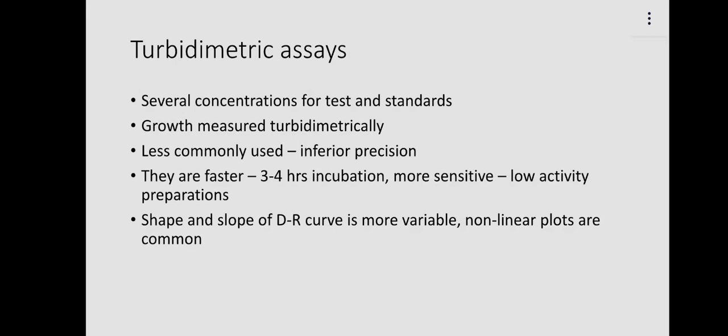To improve on the outcomes, these tubes are incubated in a random manner, and this randomization is achieved by use of Latin square. That's the same as we saw in the agar diffusion method.